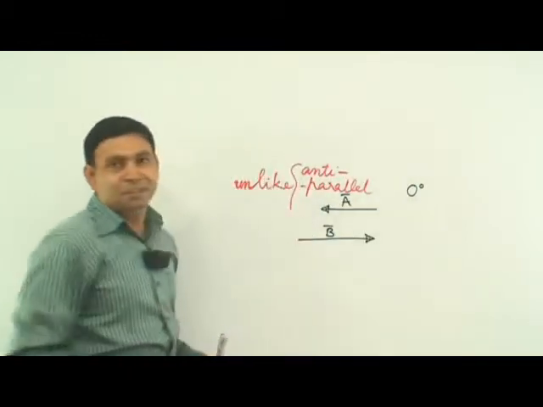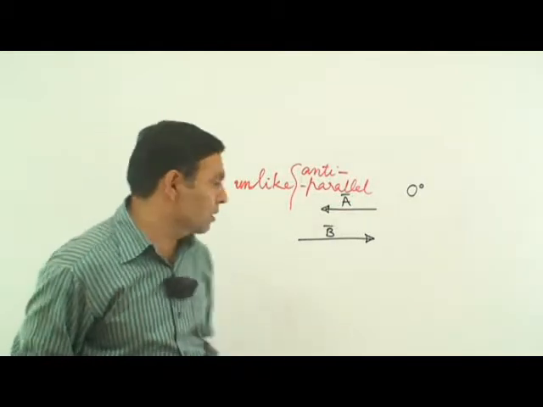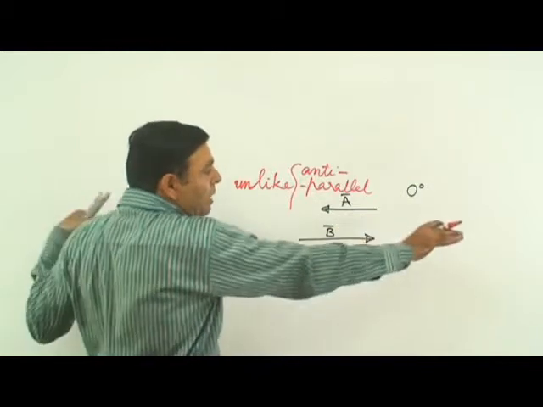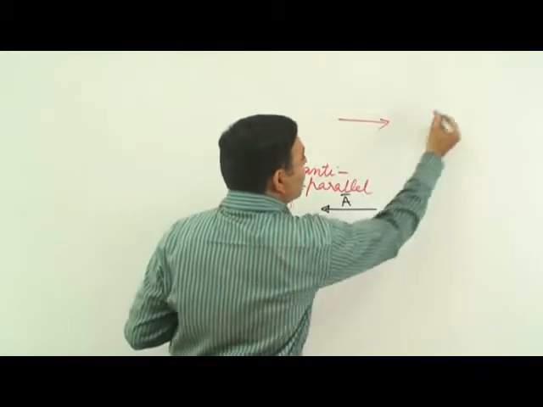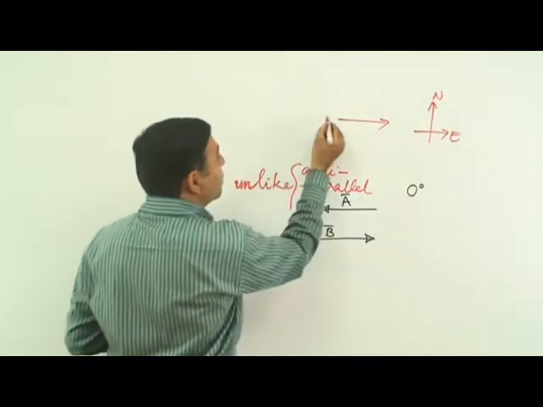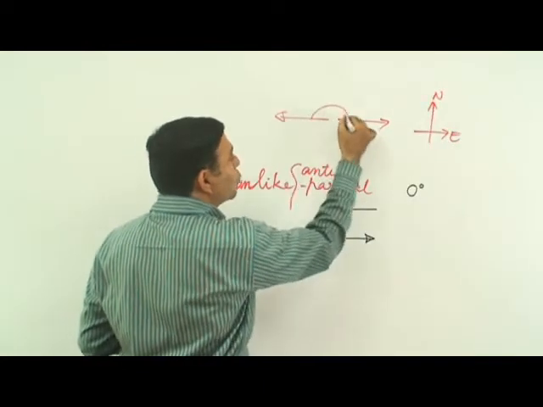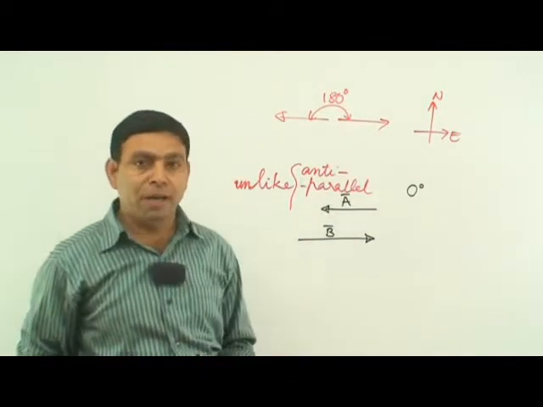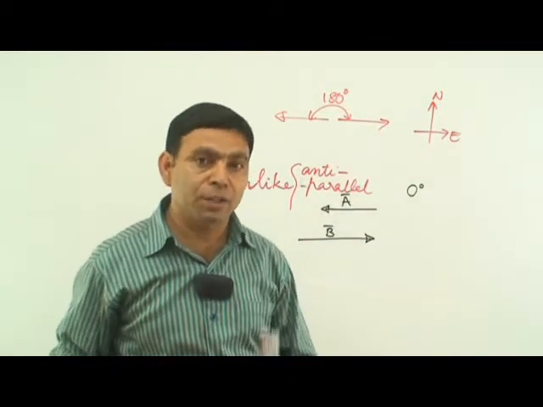If one is towards east, then the other vector is towards west, and obviously the angle between those two vectors is 180 degree. So the angle between unlike vectors or anti-parallel vectors is 180 degree.